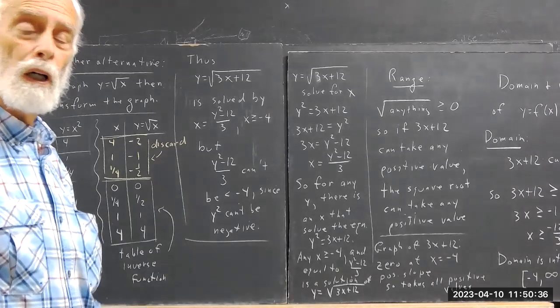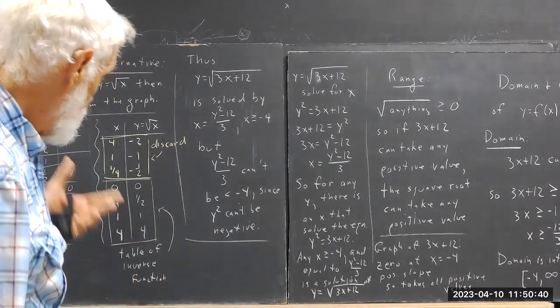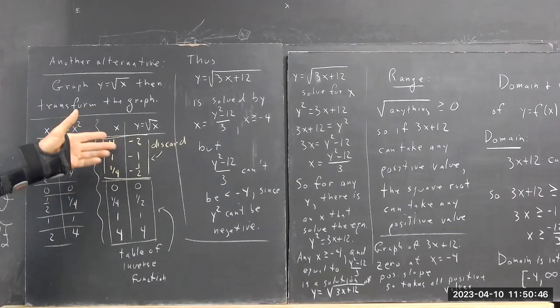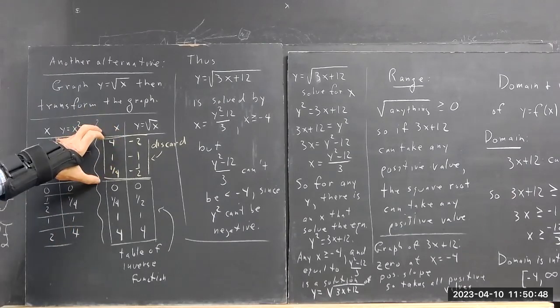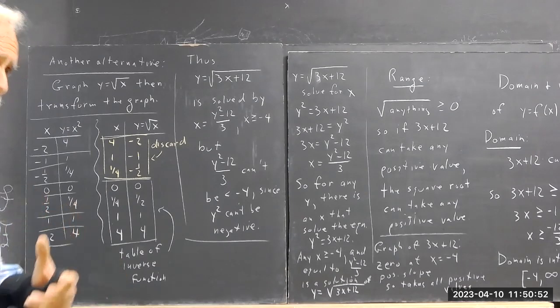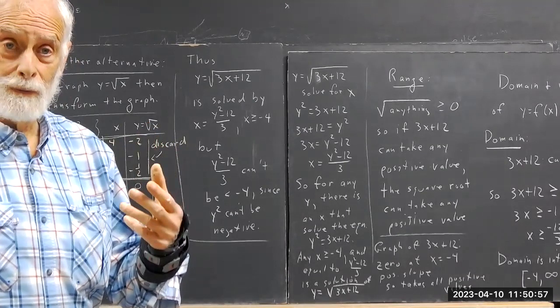I probably want to know why we discard this part of the table. I'll explain it a little more when we get a picture here, but it's because if we include this part, we don't have a function. Now, I don't know how much we've talked about the definition of a function.